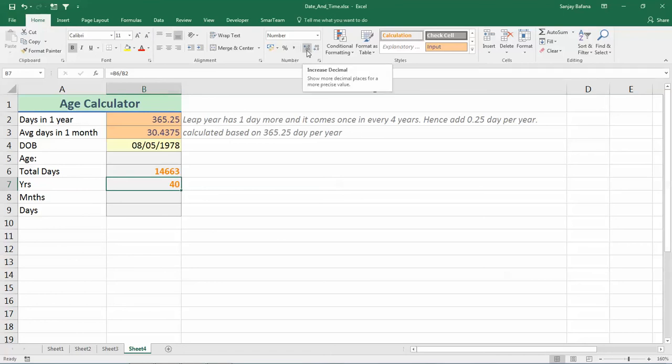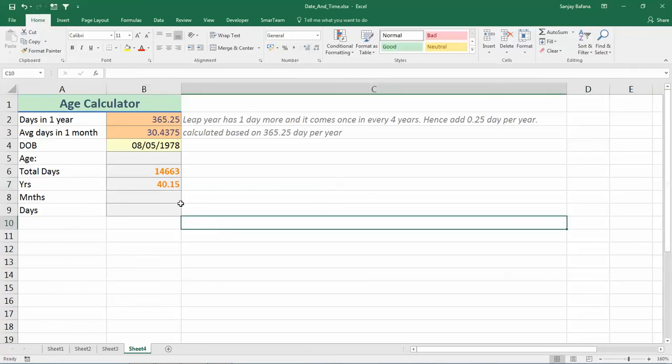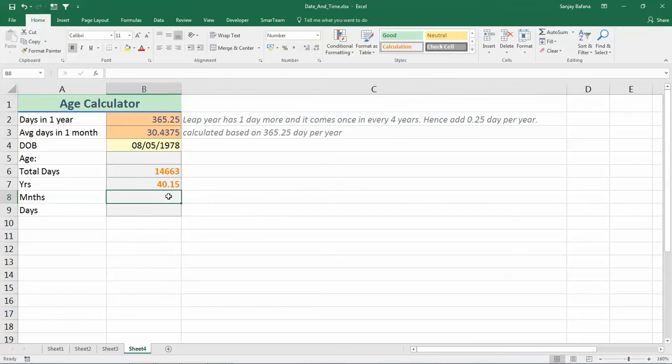I can activate a few decimal numbers for it. So you can see that it is 40.15 years. Okay, so it is 40 years complete and then 0.15 years on top of it, which means it's a few months and a few days.